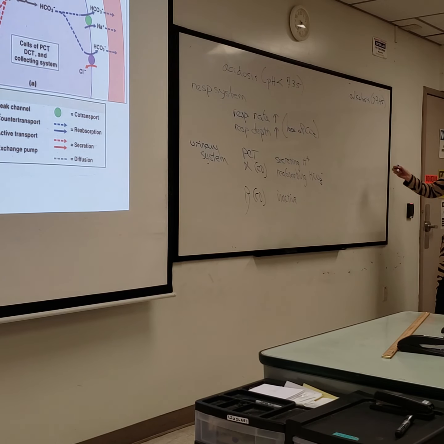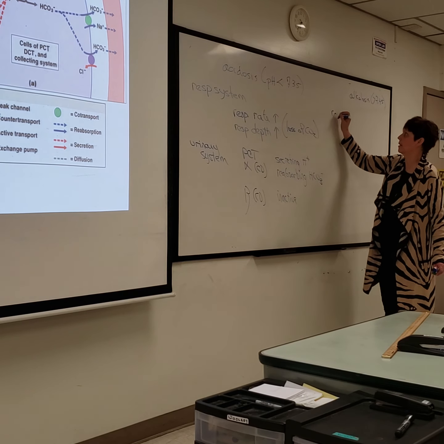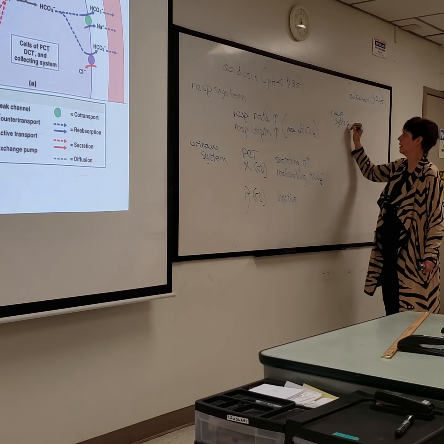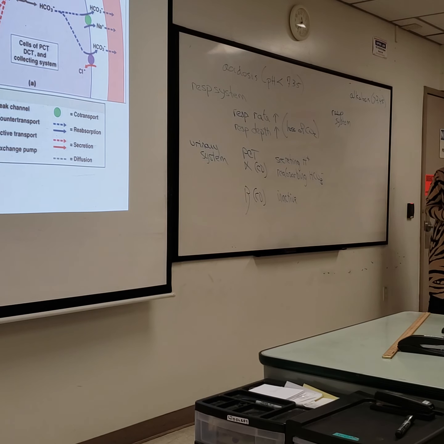So now what is the respiratory system going to do if you are in alkalosis? Not enough hydrogen ions. It would be the opposite. We're going to try to retain carbon dioxide in order to make more carbonic acid.